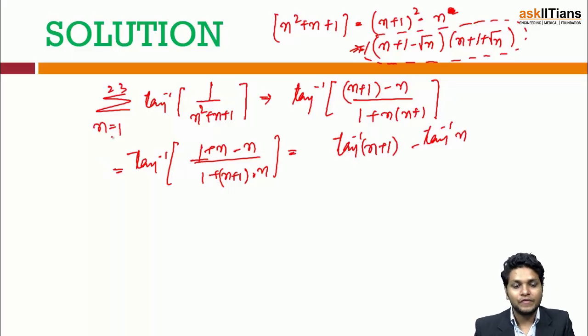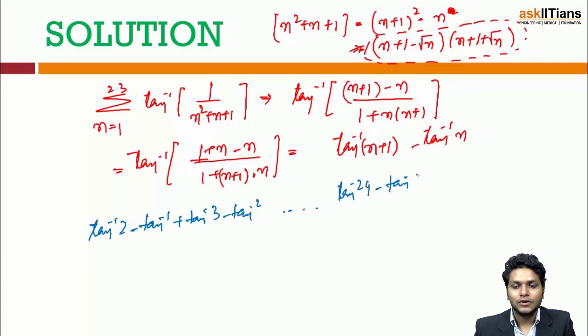So now the value of n is ranging from 1 to 23. If I just start off giving values to this, I get tan inverse 2 minus tan inverse 1, plus tan inverse 3 minus tan inverse 2, and the final term will give me tan inverse 24 minus tan inverse 23.